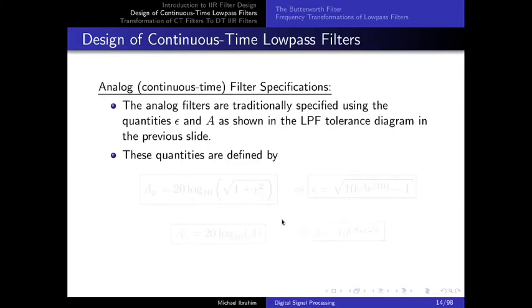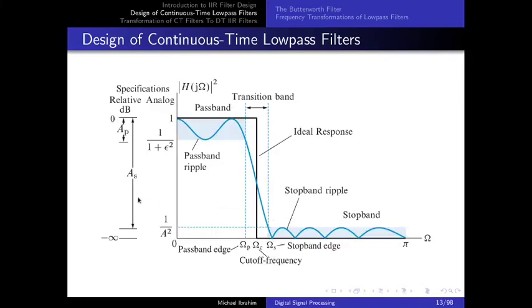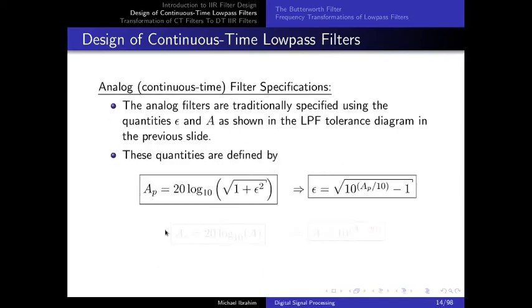Same for AS. If you go back over here, you can see that the level AS, which is how many decibels we go below 0 in the stop band, corresponds to 1 over A squared. So again, minus AS would be 10 log 1 over A squared, which is minus 20 log A. Therefore, we can write AS as 20 log A, and now we can write A in terms of AS as A equals 10 to the power AS over 20.